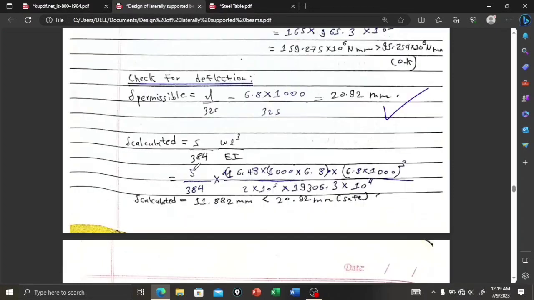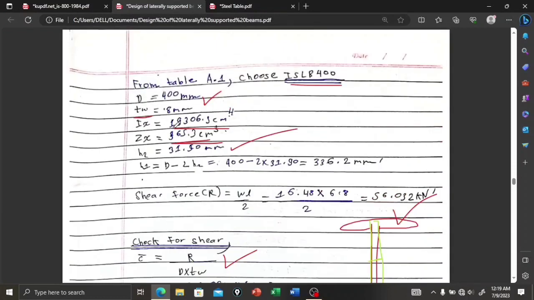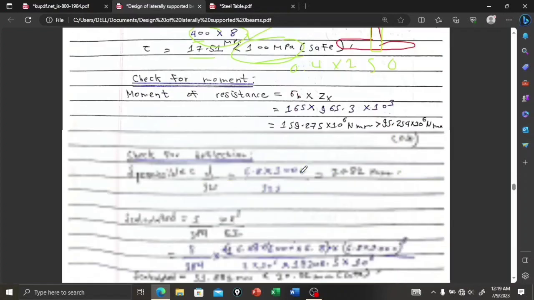Del calculated is 5 by 384 into WL cubed by EI. E is 2 into 10 power 5 Newton per mm square, and Ix is 19306.3 centimeter 4.